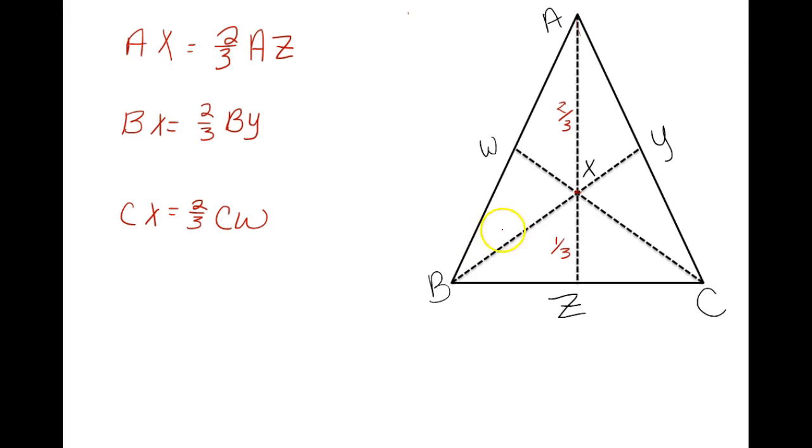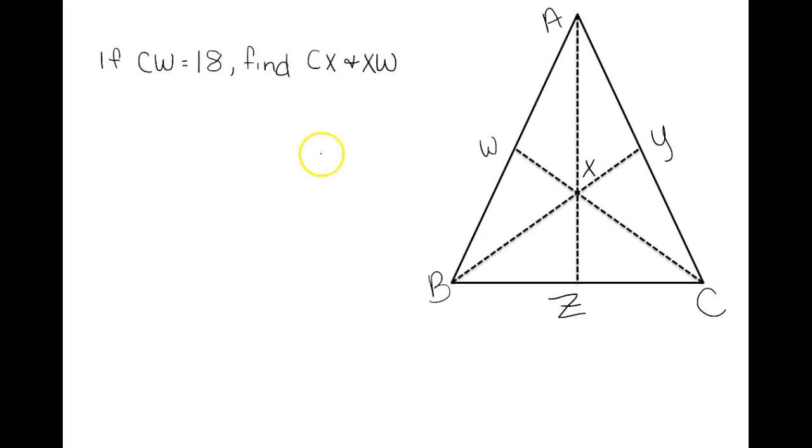And that's the same here from B to X. That's 2/3 of the entire segment. So that means this little leftover X to Y is 1/3. Same thing from C to X. It's 2/3 of that entire segment. So X to W is 1/3. And if you know this, all you have to do is plug the values in to solve, and that's what we're going to do next.